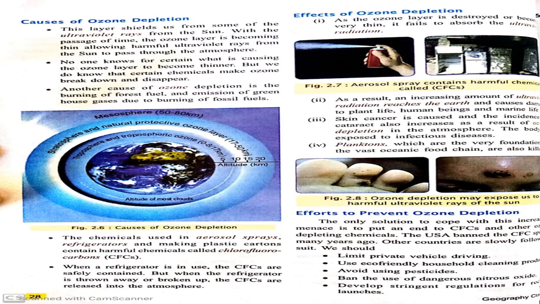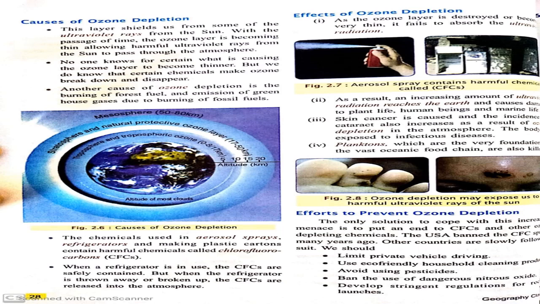With the passage of time, the ozone layer is becoming thin, allowing harmful ultraviolet rays from the sun to pass through the atmosphere. Now we are studying about the causes of ozone depletion. What are the reasons for ozone to deplete?